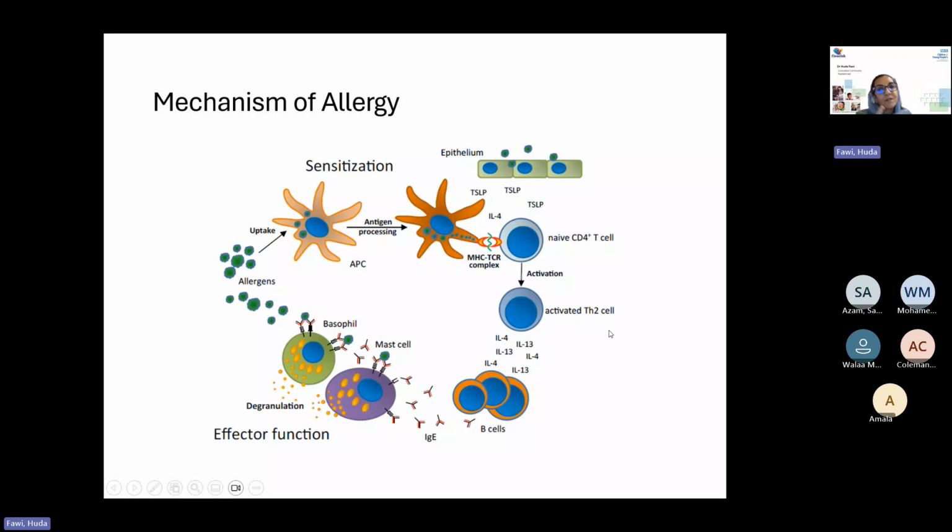So rather than going to Th1 pathway for the viruses, infections, and so on, it activates the Th2 cells to produce leukotrienes, IL-4, IL-13. And that changes the B cells to generate specific IgEs that go and sit on the mast cells or basophil cells. And when further exposures to the allergens occur, what happens is degranulation. So that gives you a cascade of histamine release, cytokines, and immune mediators.